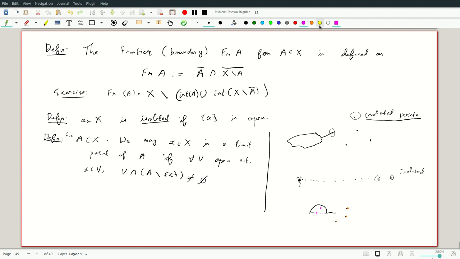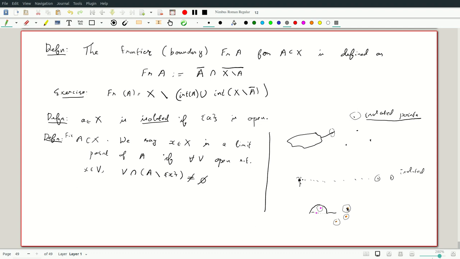The idea is simple: we look at this gray circle, a neighborhood of these, which is some small enough gray circle. If every neighborhood around this point intersects A in a point different from x itself, then we say it's a limit point.